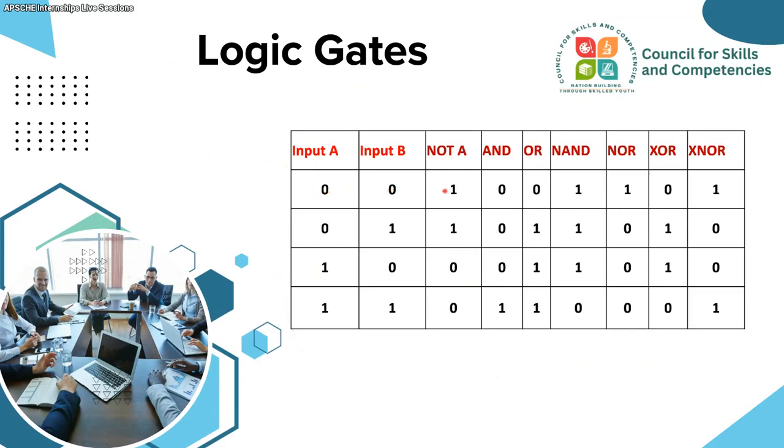When the input is 0, the NOT is becoming 1, and then AND is 0, OR is also 0 because both the inputs are 0, and NAND is the opposite of AND, so it is 1. And you get NOR, which is the opposite of OR. In XOR, when both are the same it is 0, and when both are different it is 1. XNOR is the opposite: both the same is 1, both different is 0.